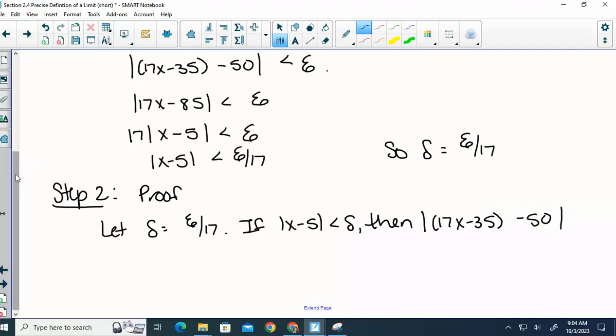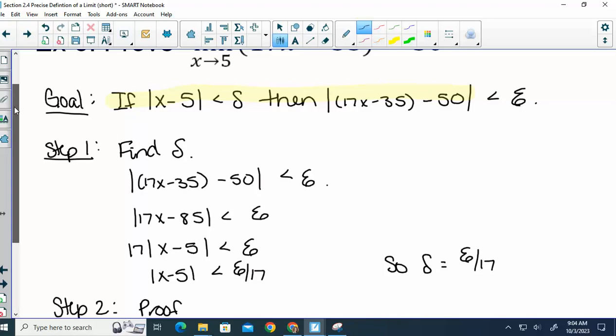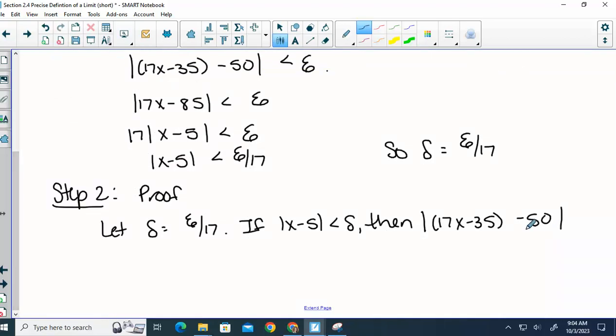All right, we have to get the complete goal, so now we have to work it out until we have a less than and an epsilon. So our work is pretty similar to what we just did. Inside that absolute value, you can combine like terms. We can factor out the 17.